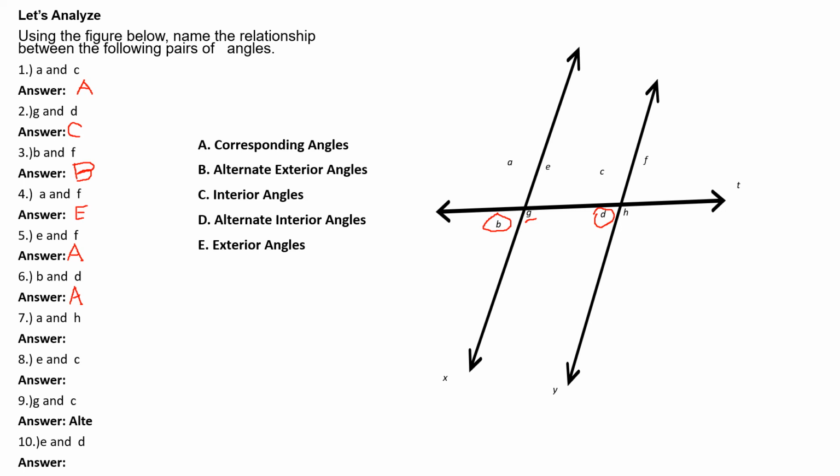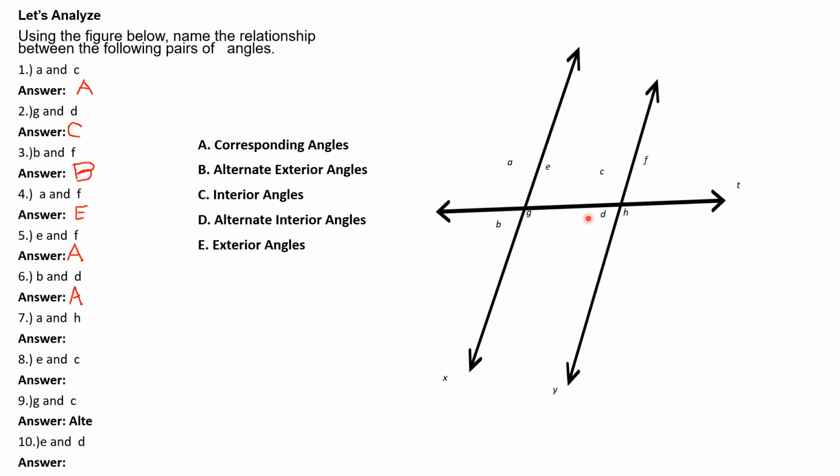And then next, number 7, we have here angle A and angle H. We have angle A and then angle H. Angle A is an exterior angle. Okay, so exterior angle, and then we have also angle H, which is also an exterior angle.